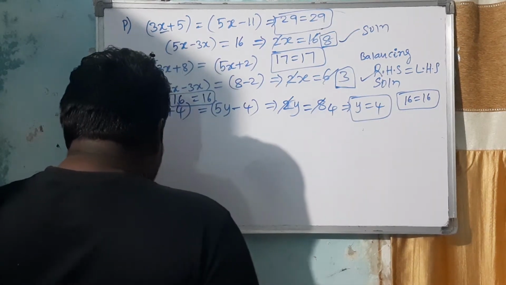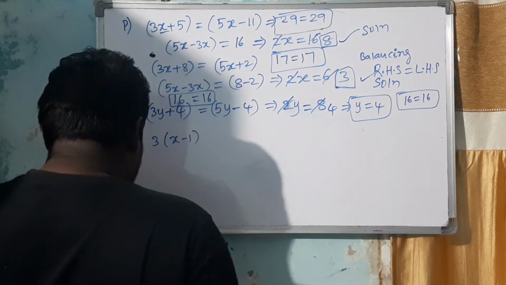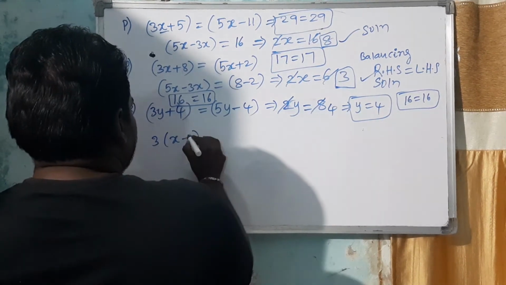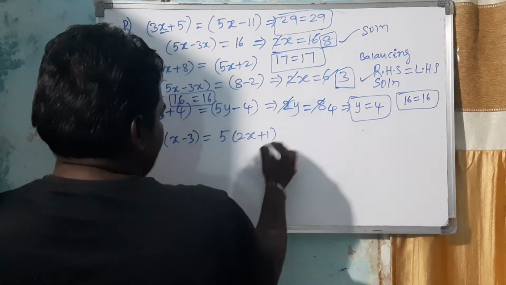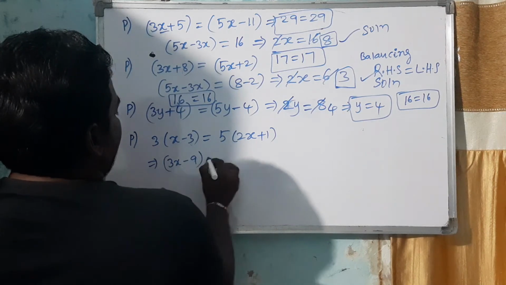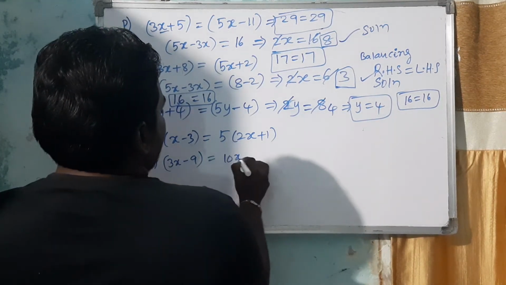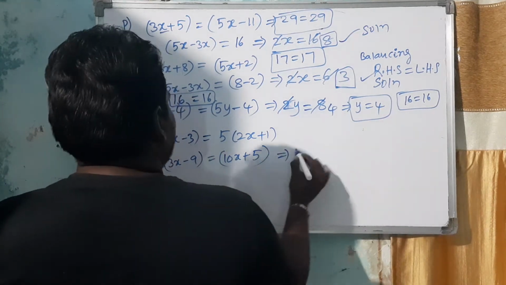This question: 3 into x minus 3 equal to 5 into 2x plus 1. 3 into x minus 3 is 3x minus 9 equal to 5 into 2x, 10x plus 5. Transform 3x to that side, 10x minus 3x is 7x.